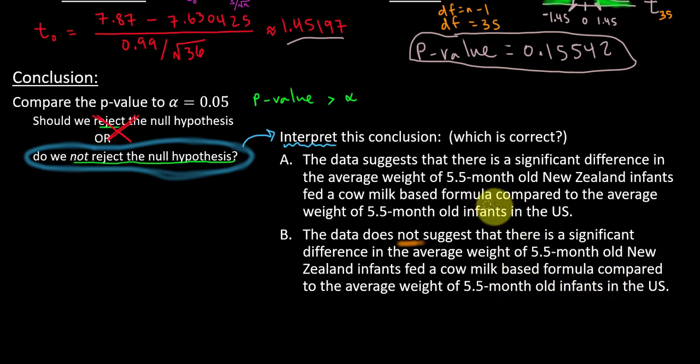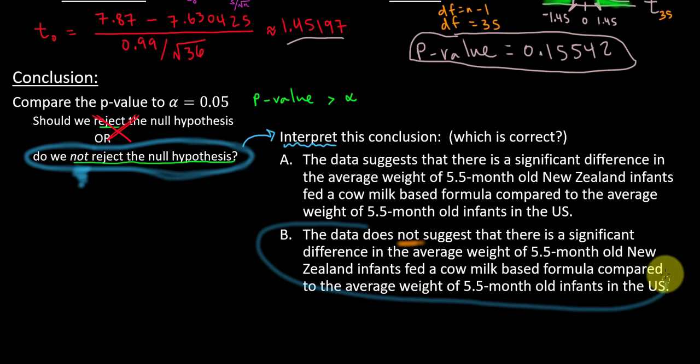Okay, which one is it? A or B? Hopefully, because you did not reject the null hypothesis, that means there is not evidence for the alternative. The correct option here should be B.